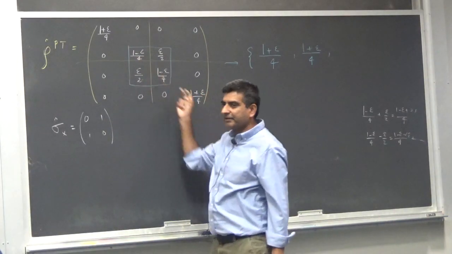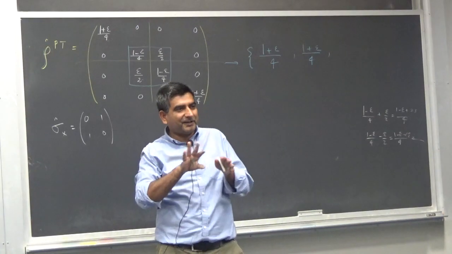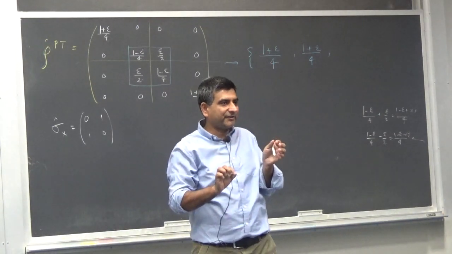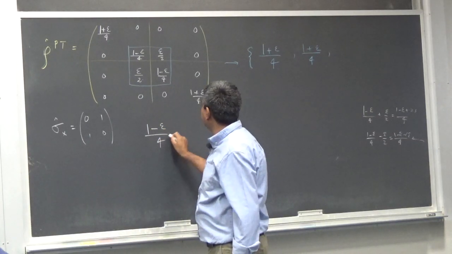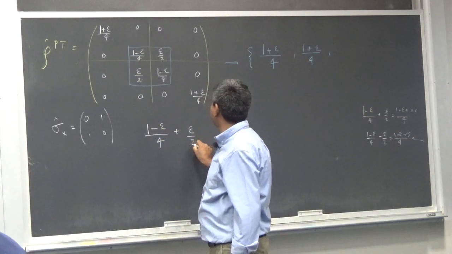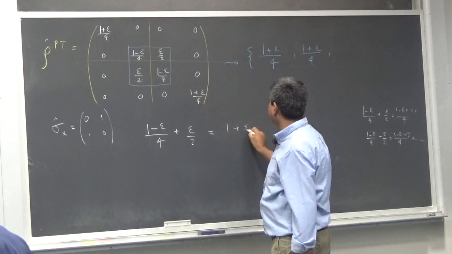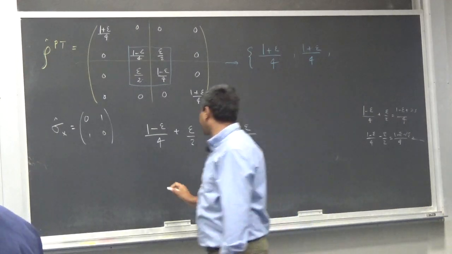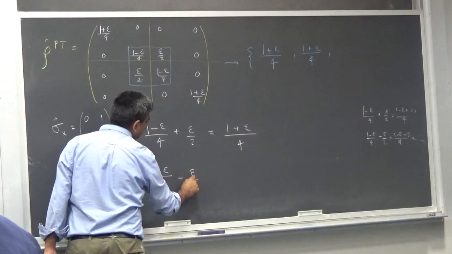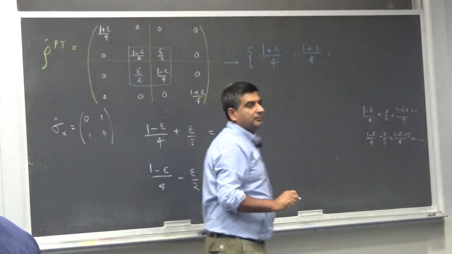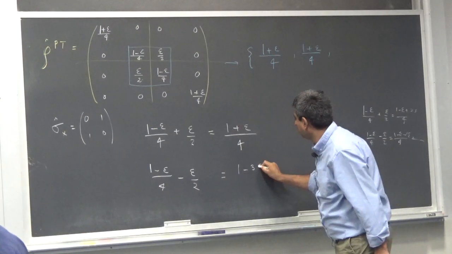But it also has these diagonal elements. And if you just had the diagonal elements, the eigenvalues will just be the diagonal entries. So one of the eigenvalues will be 1 minus epsilon over 4 plus epsilon over 2, which is going to be 1 plus epsilon over 4, and the other eigenvalue would be 1 minus epsilon over 4 minus epsilon over 2, which will be 1 minus 3 epsilon over 4.